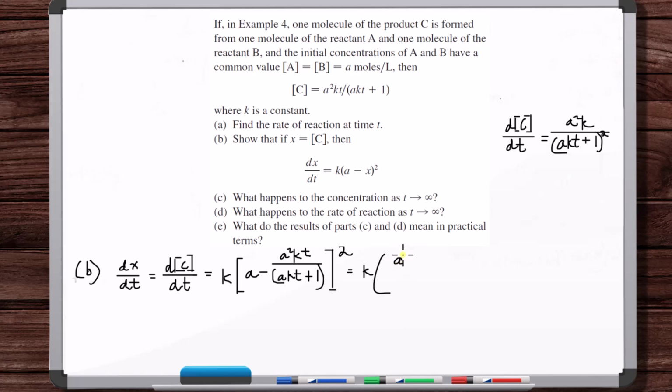It's going to be a squared kt plus a minus a squared kt, and then over (akt plus 1) squared, right? Because we made a common denominator and then combined the fractions. This is a squared kt, so a, kt plus 1.